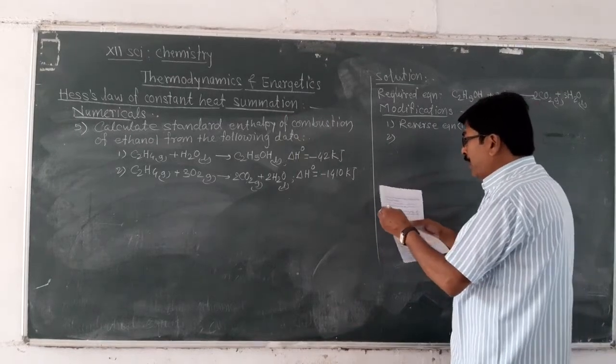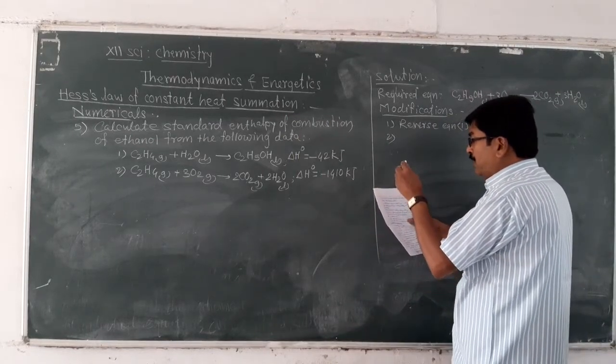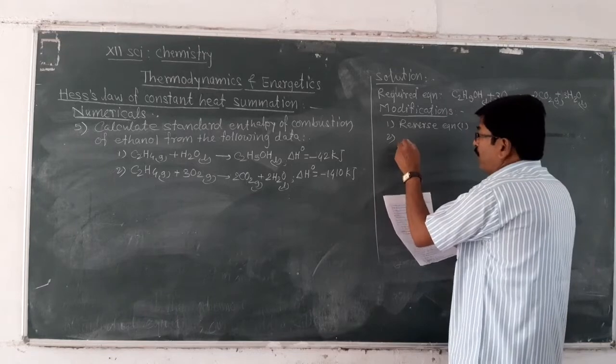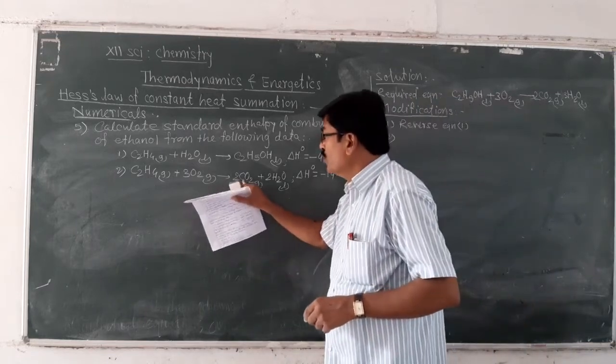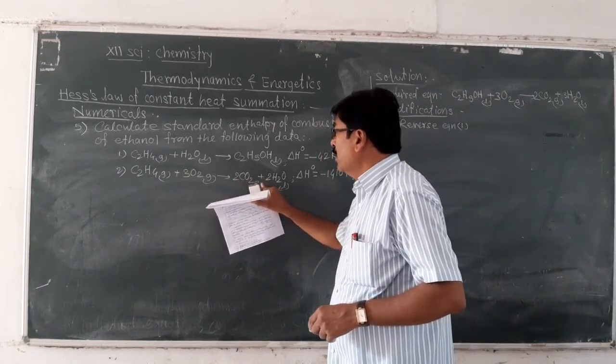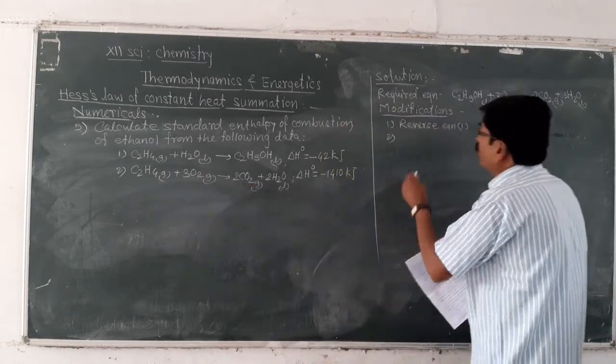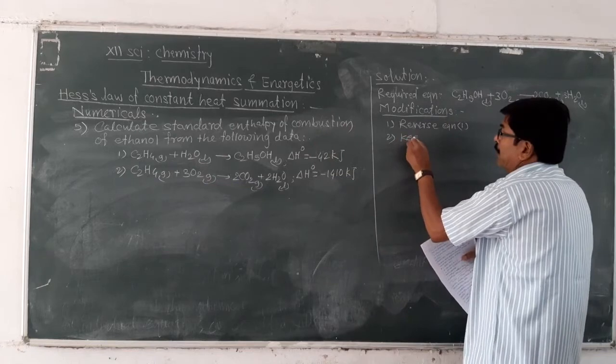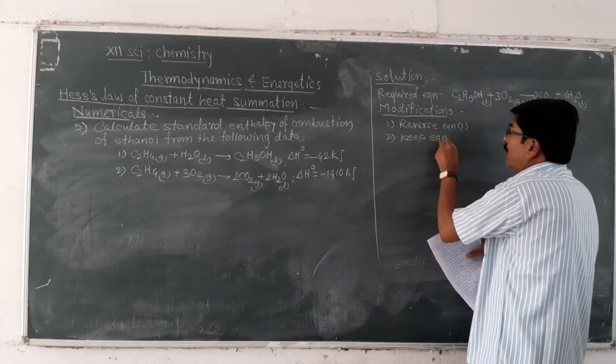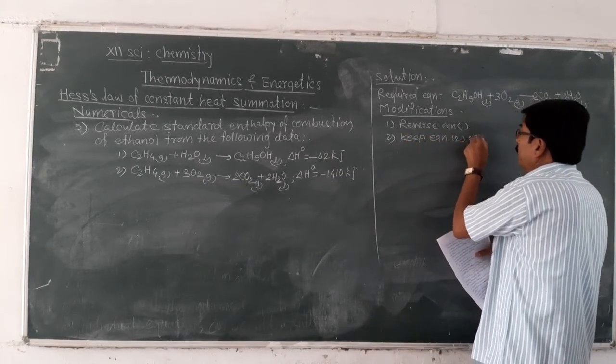Now you can keep equation 2 as it is, because here we want 2 CO2 gas molecules on the product side. Therefore, keep equation 2 as it is.